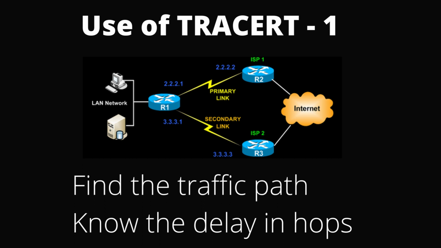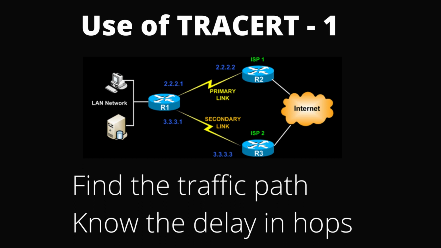We may have some private links as well, or there are multiple paths, and we need to find out which path we are actually using to reach the destination. To find that, we use a simple tool called traceroute, or tracert.